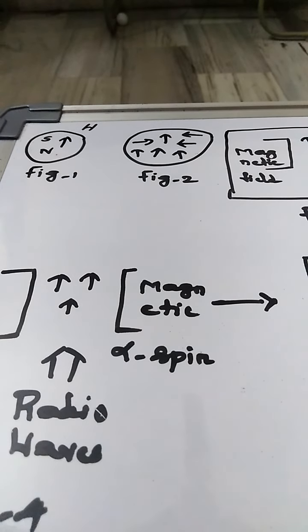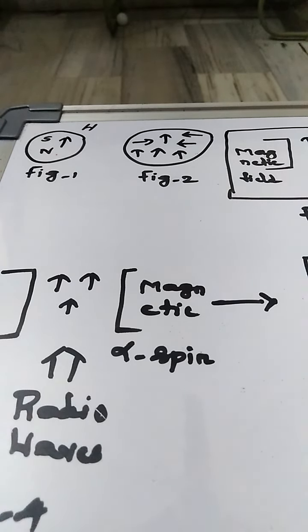So, the concept of NMR spectroscopy is how the magnetic field as well as the radio waves come into resonance and how they help to identify the nature of the compound. Before entering into that, let us understand what is meant by nuclear, magnetic, and resonance.